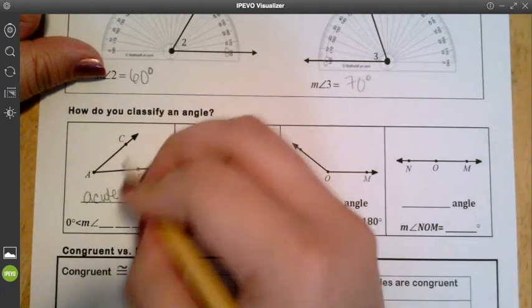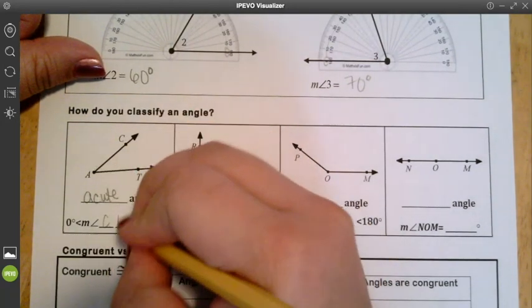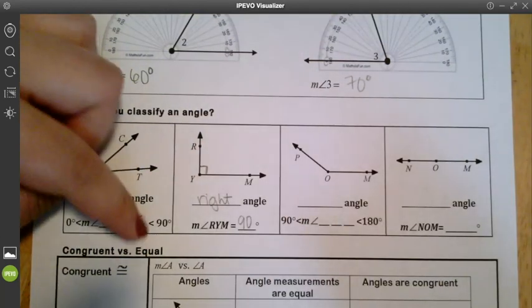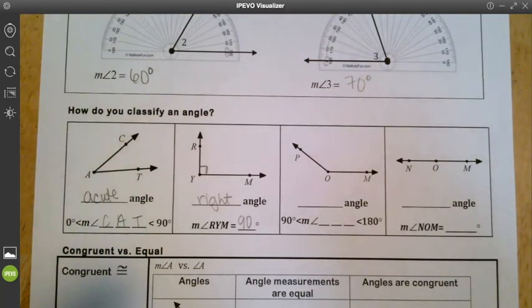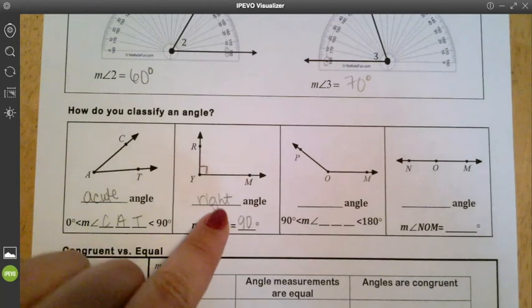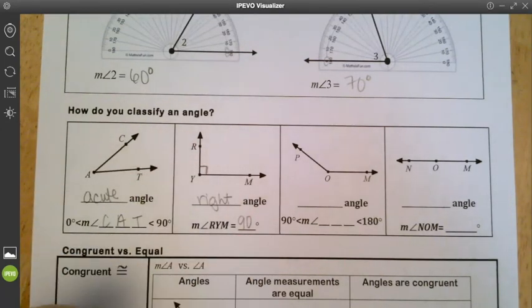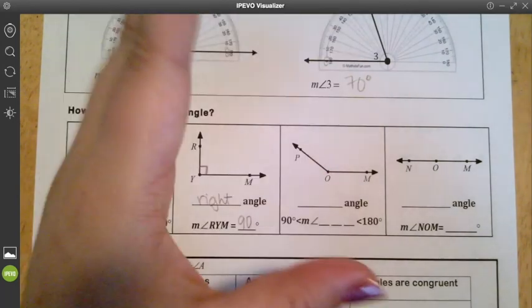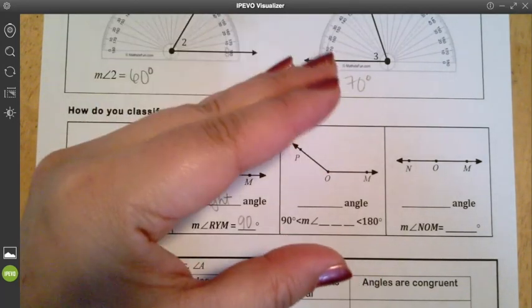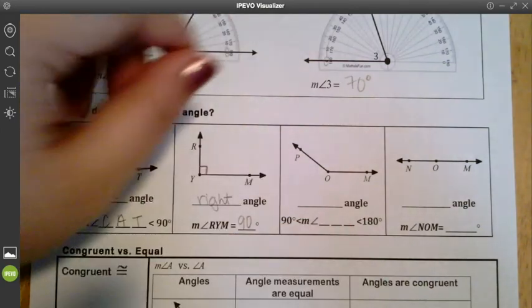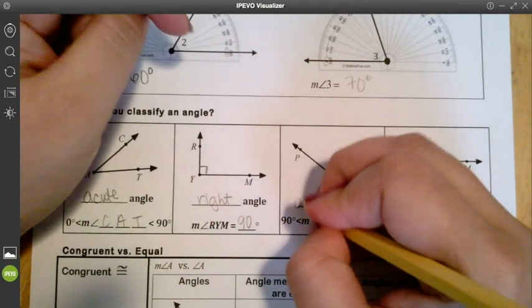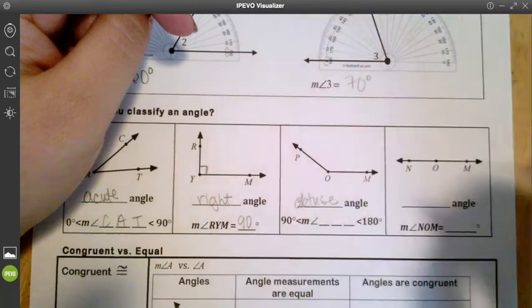Okay, so here we have the measurement of angle CAT is less than 90 and bigger than 0. Here we have our angle RYM is equal to 90 degrees. Here we have an angle that from 90 degrees, it didn't decrease, it actually increased, it got bigger, it got wider. That is called an obtuse angle.